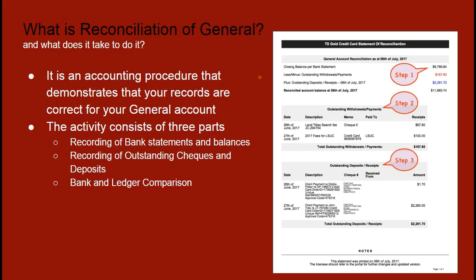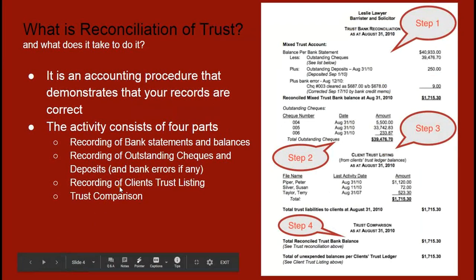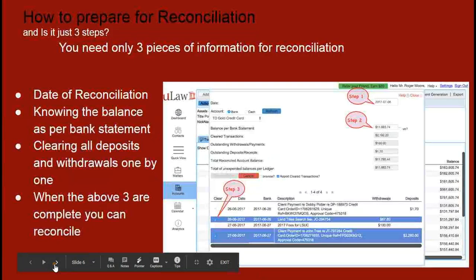The recording of the outstanding checks and deposits, very similar to the trust. And the third, of course, is the comparison between your own internal bookkeeping ledgers to what the bank has to say. So very similar to trust as well, with the only exception in the general reconciliation is that you do not have the need for the client's trust listing, which is pretty much your step 3 in your trust reconciliation.